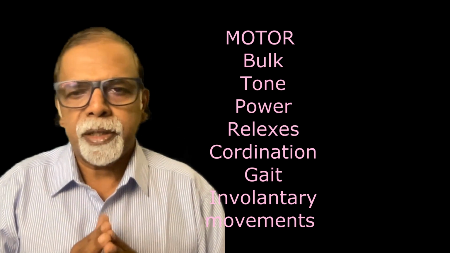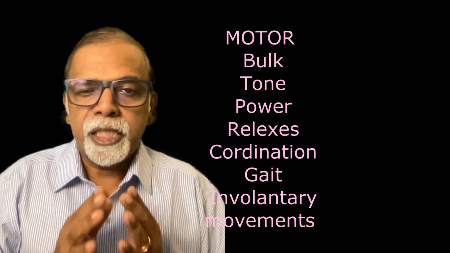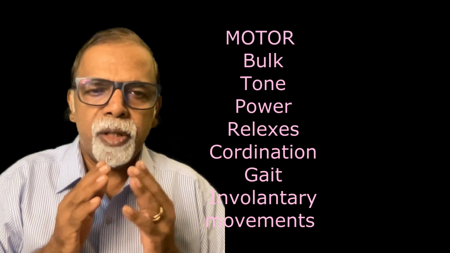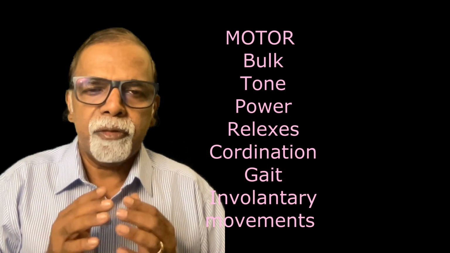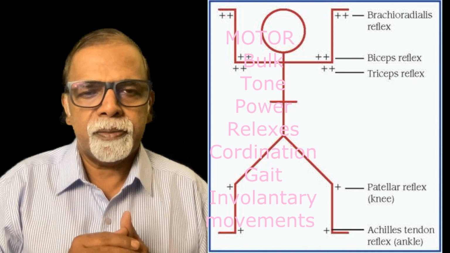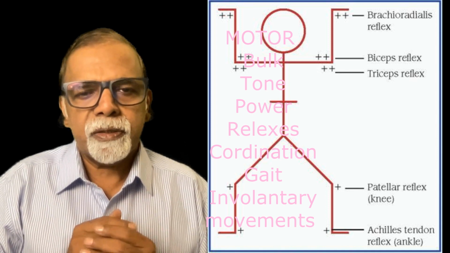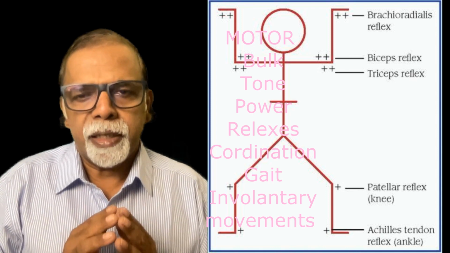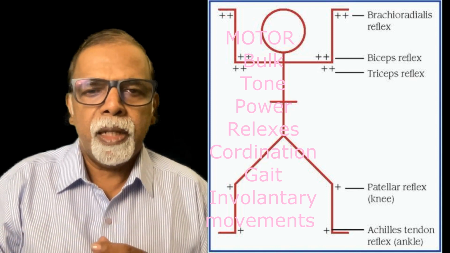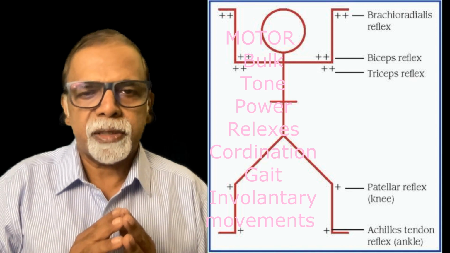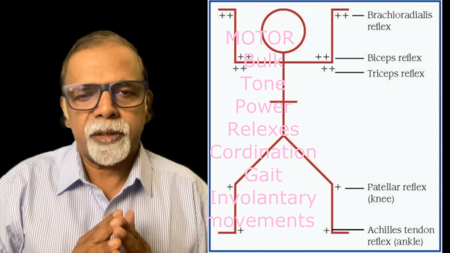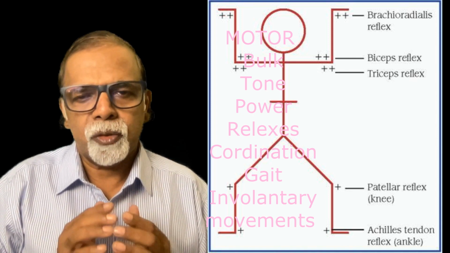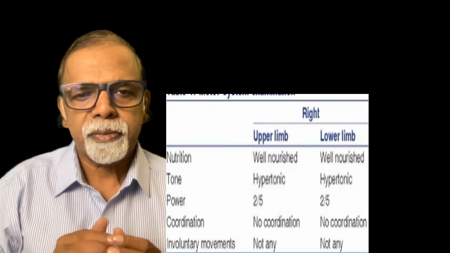Each one we will discuss separately. Inspect for evidence of atrophy, any deformities, or involuntary movements. Then coming to the reflexes, assess the deep tendon reflexes. It is mandatory to examine this. And look for pathological reflexes, especially the Babinski sign, the inverted supinator jerk, etc.